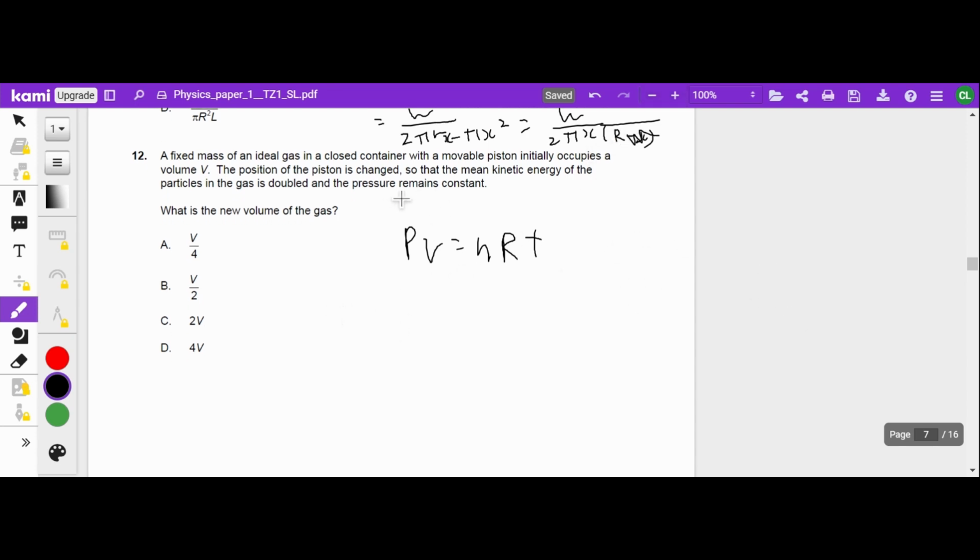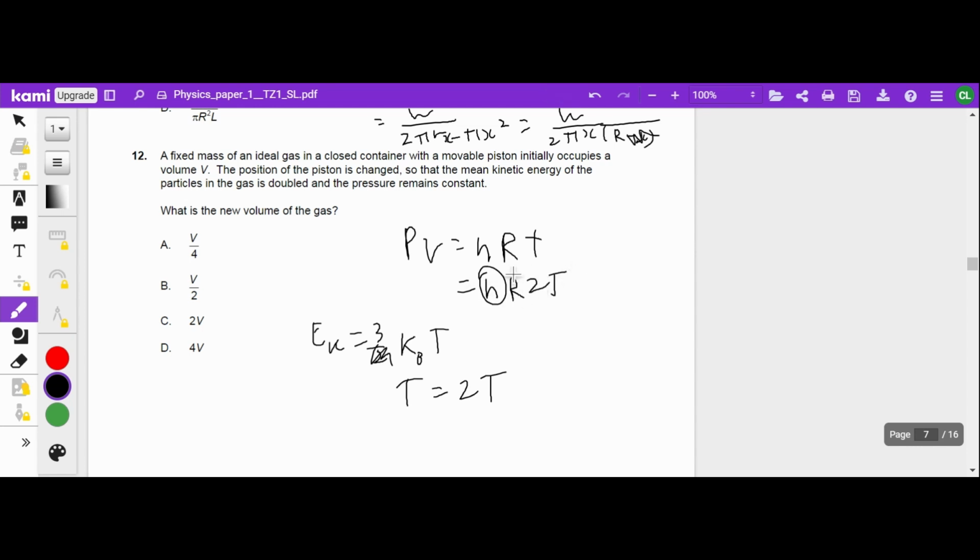and because we know if the kinetic energy is doubled, then EK equals 3 over 2 kBT, then it becomes times 2, so it's just 3 kBT. That means that the temperature is twice, because kB is a constant, so only temperature can change. So what changes in this one is nR 2T.